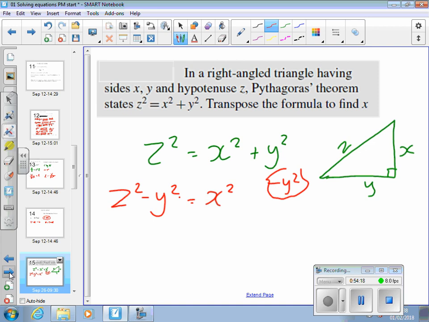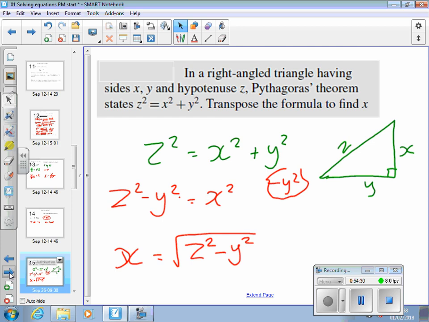Then we want to get rid of that square, so we'll have x is equal to the square root of z squared minus y squared.